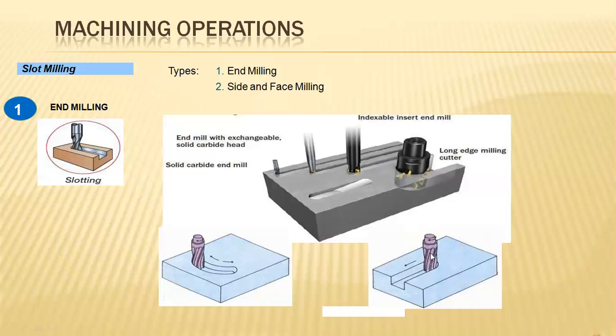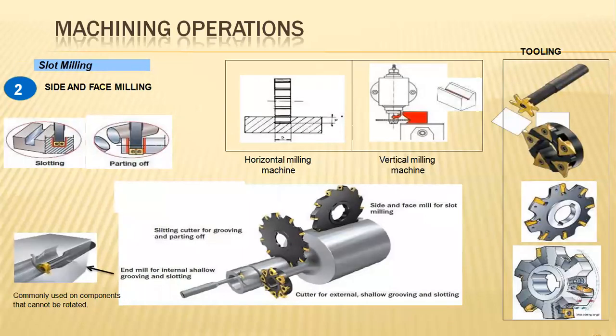And this is the conical shape that is being added. This end milling process is processed right from the starting range to the ending range. And these are the contour positions that are also possible in different orientation shapes. And side and face milling strategy has horizontal milling machines and vertical milling machines. Both are preferred for this cutting process.